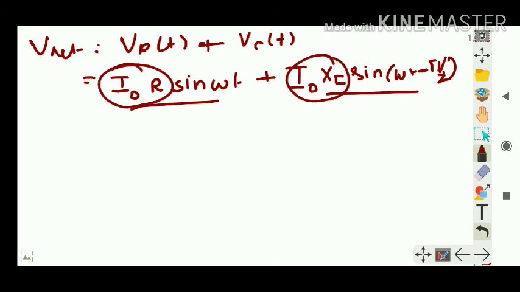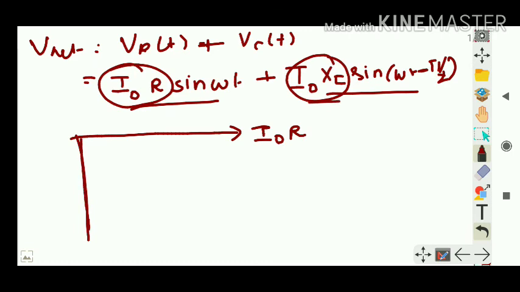So just like the previous case, I can draw the diagram. If this is I naught R, the capacitor's voltage lags behind the current by 90 degrees, so this will be I naught XC, and this will be the net voltage direction, and this will be alpha. So what is V net?